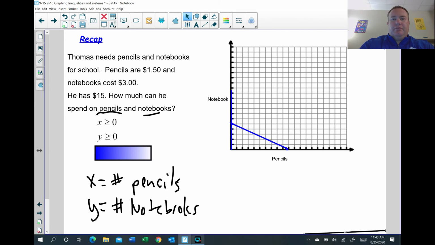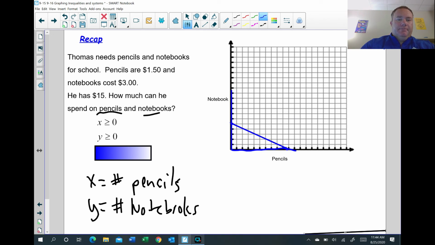Let's get rid of that one for you. We'll try it again. Might even draw this one just for the heck of it. There we go. Okay. So we know we have to have notebooks, so we need something greater than that. You can't have a negative number of notebooks. Okay. So we know we're going to have something in those areas. Now both of these are greater than or equal to. So that means we're going to have everything in the first quadrant.